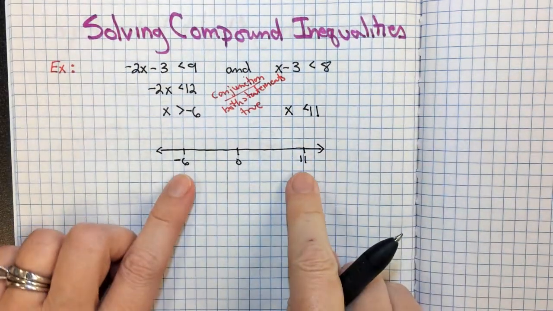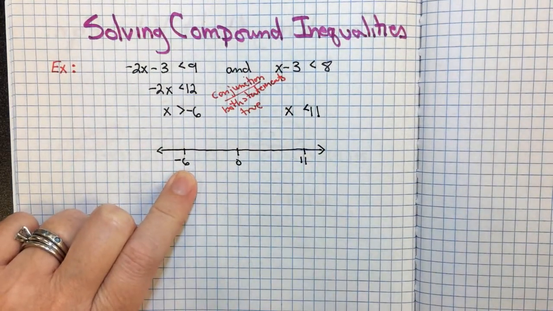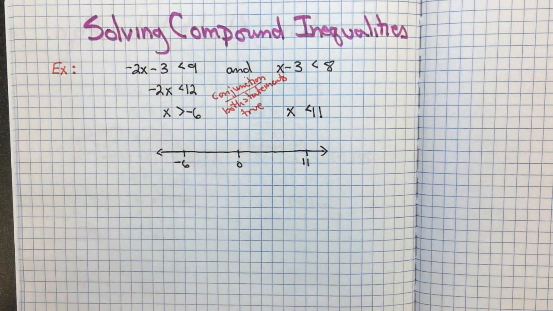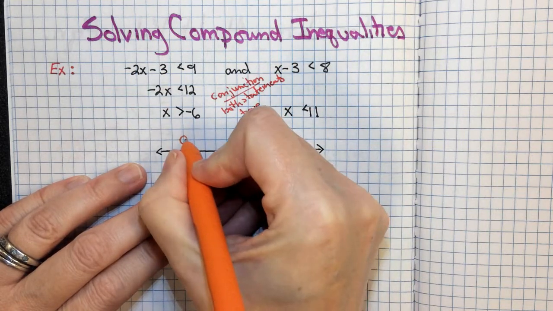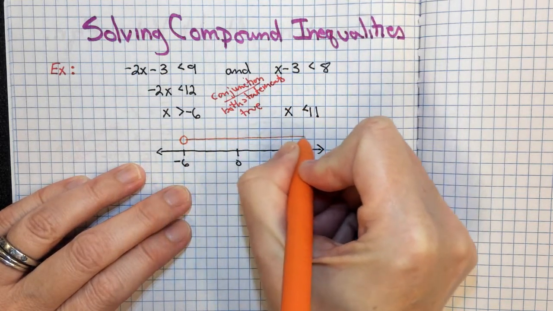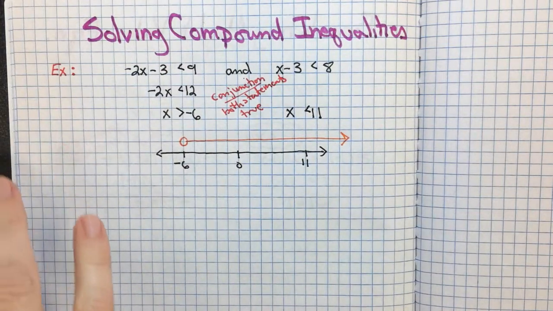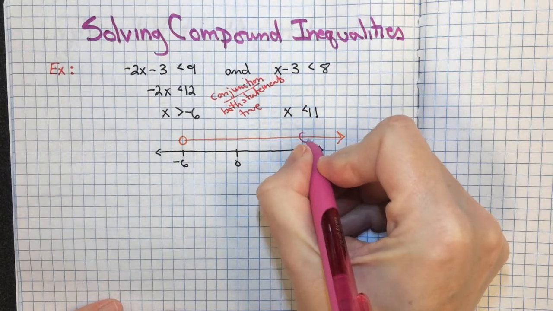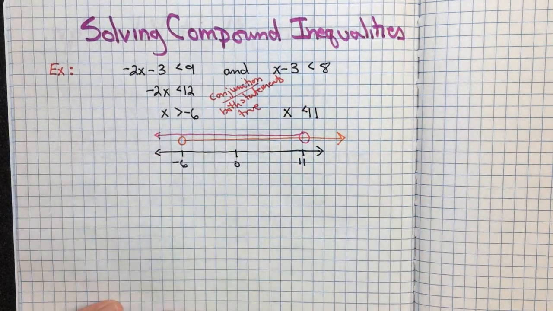Now, I don't worry about counting out spaces. I just need a number on there. So x is greater than negative 6 is everything in that direction. Then I'm going to look at x is less than 11. So that's here and everything that way.